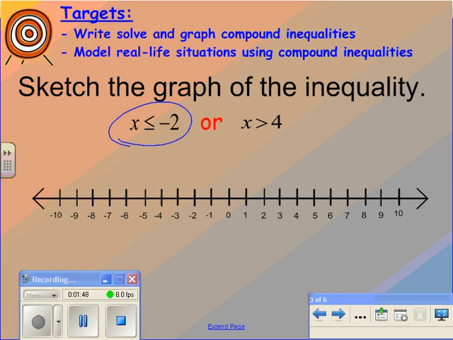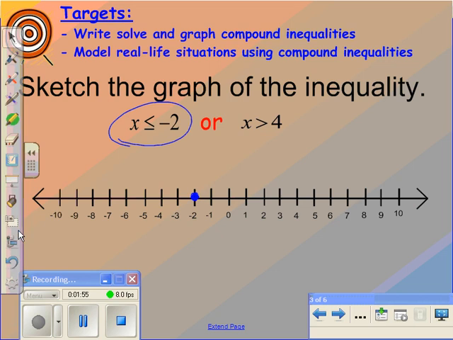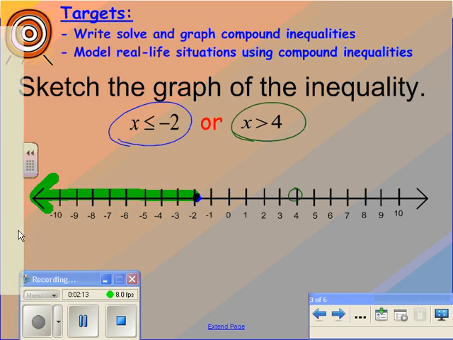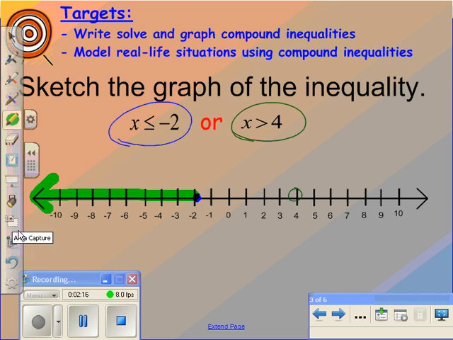Because it is an or equal to inequality, I'm going to need to put a solid dot, and then to graph the rest of the solutions, being less than would be to the left on the number line. Our second inequality statement, x is greater than 4, would be an open dot on the 4, and then our solutions being greater would be to the right.